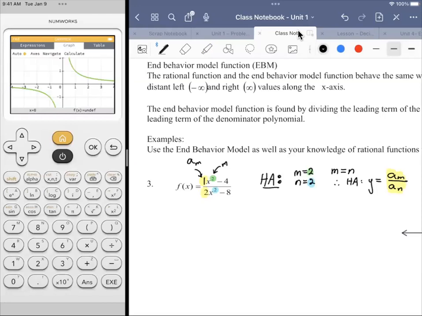So I'm saying that this is the mth a value, which just means it's the a value associated with the power that we're calling m. With the same idea on the bottom, this is my n, so that makes this my a sub n. So my horizontal asymptote is y equals 1/2.